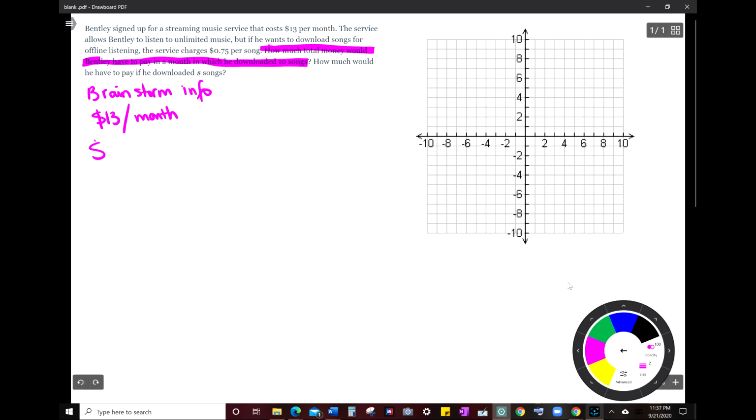So we have 75 cents per song. So that means it doesn't matter how many songs you download, you still have to pay the $13. Okay, so that's all we know so far. And then the question is, how much does he have to pay? So we get to the question part.